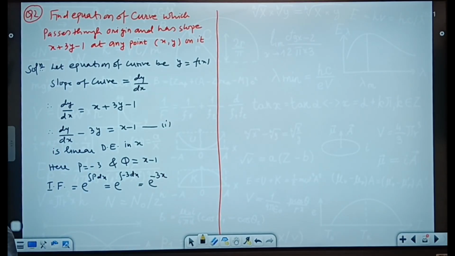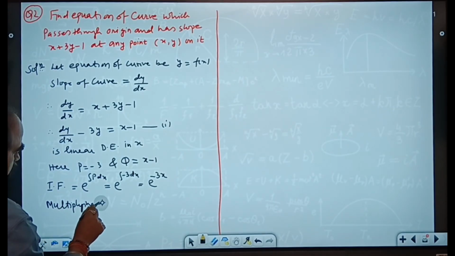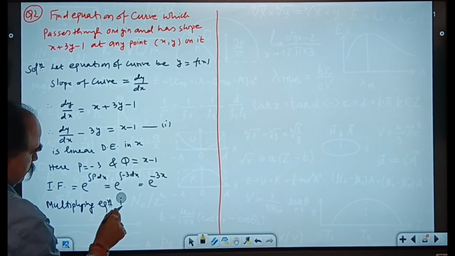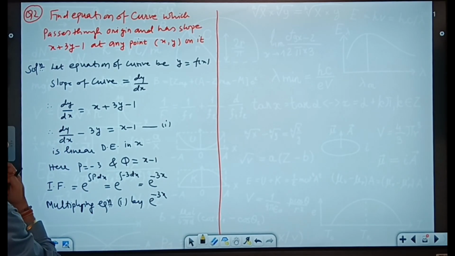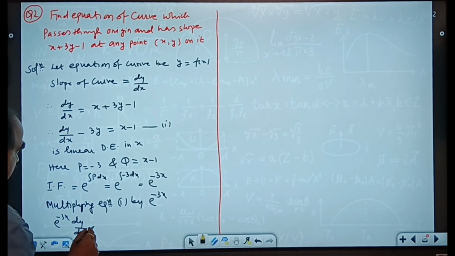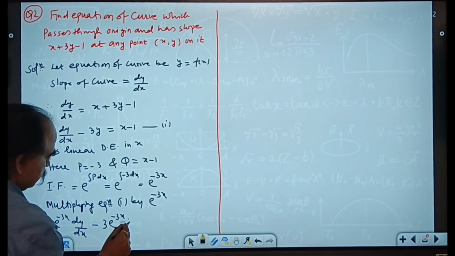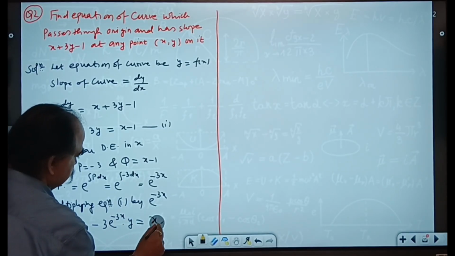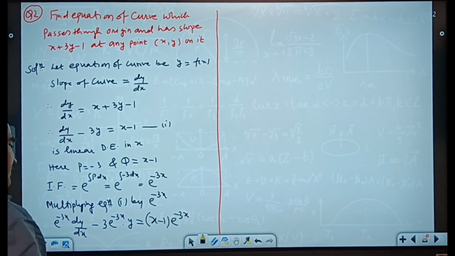e raised to minus 3x. Multiplying equation 1 by e raised to minus 3x, we get e raised to minus 3x dy by dx minus 3 e raised to minus 3x y is equal to x minus 1 into e raised to minus 3x.